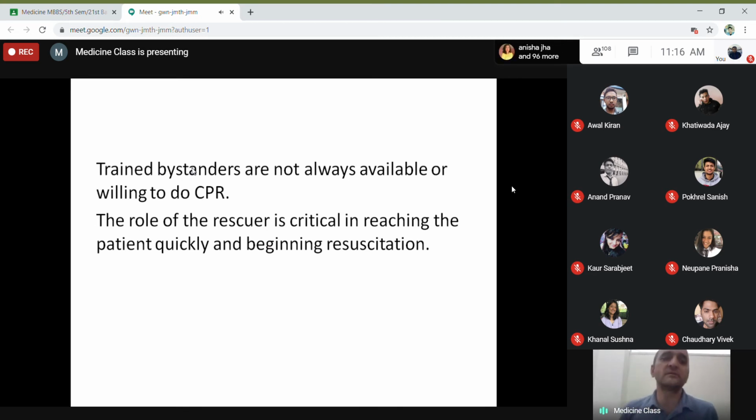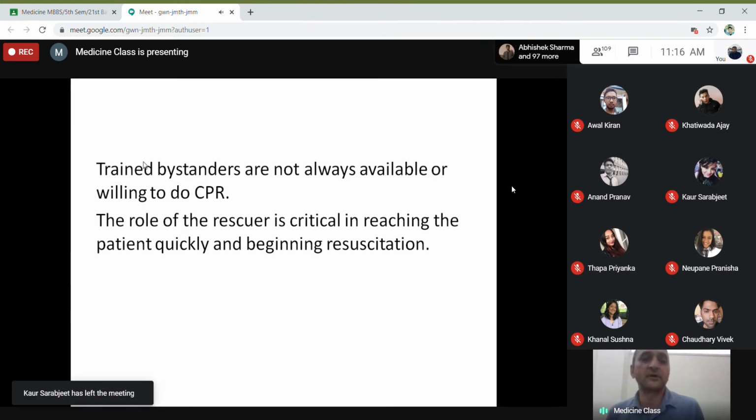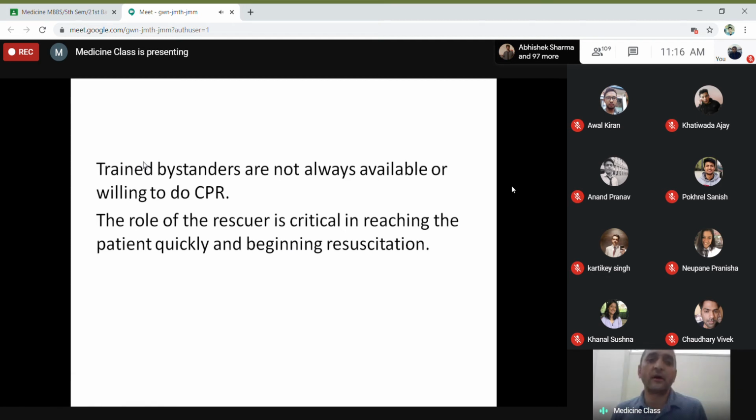So what the government and WHO are doing right now is giving training to community personnel, to develop rescuers among policemen, social workers, and general people. Even in Nepal we are giving CPR training to the general public.